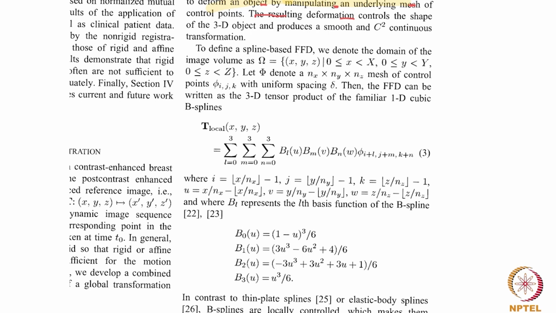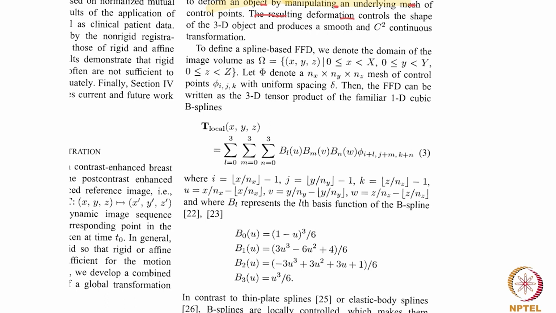So you can have any number depending on how accurate you want it, or how smooth you want it, but for the cubic B-spline, this is the typical number used. So this will translate to about 4 into 4 into 4, about 64 control points used to estimate the deformation at one point.